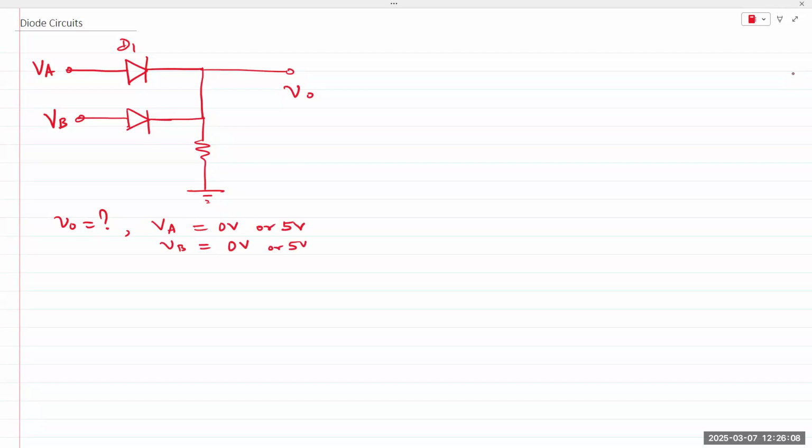Analyze the circuit and determine VO, the output voltage, for all combinations of the inputs, and use ideal diode analysis.